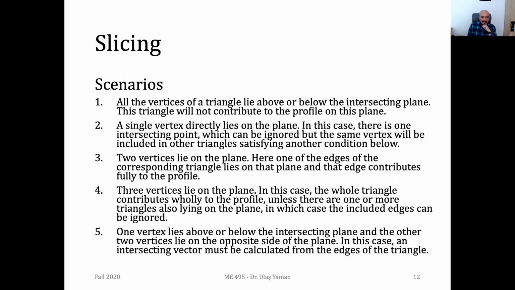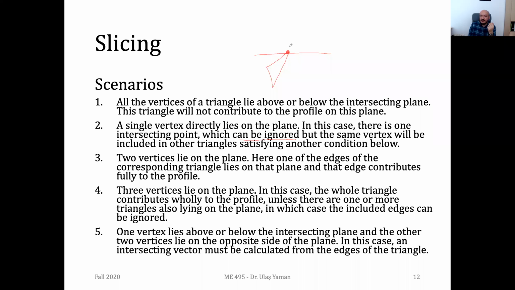And then the second case, a single vertex directly lies on the plane. So this vertex is lying on our slicing plane. What it says is that obviously we have an intersecting point, but we don't have a line segment, so we can simply ignore it.